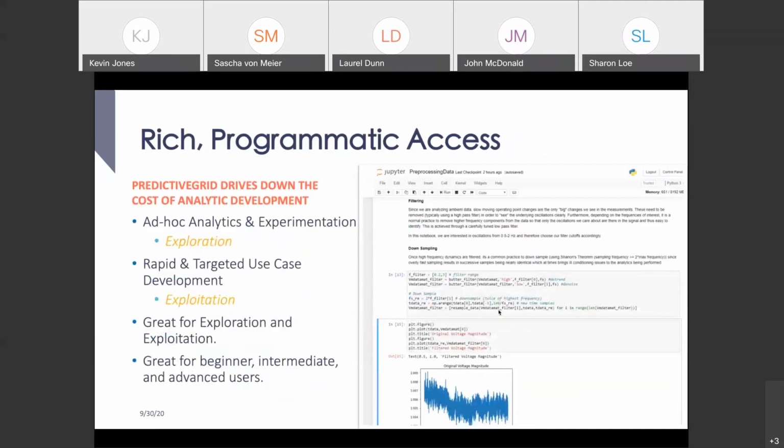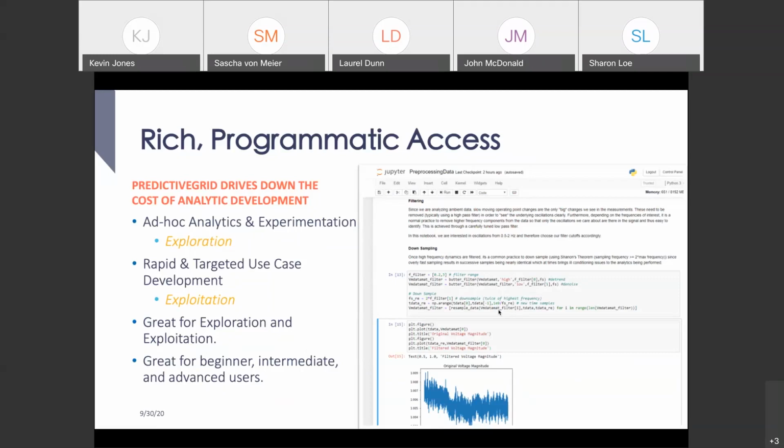The other aspect of the platform that's really powerful from a user perspective is the ability to write code to do your work, and to bring that code to the data rather than having to download the data to your workstation and do your work there, the sort of traditional MATLAB approach. So in terms of rapid prototyping and analytic exploration, this is just really, really powerful, both for the exploration of new use cases, as well as for more production quality applications as well.